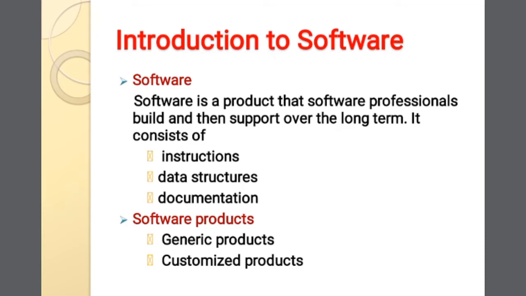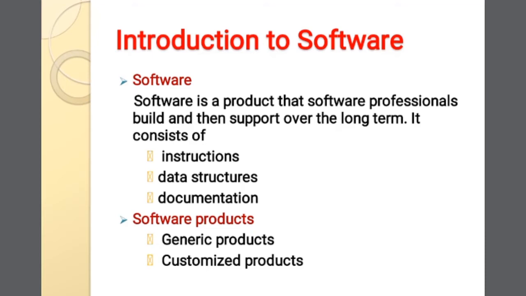Now, what is a software product? There are two types of software products. They are generic products and customized products. Generic products are standalone systems which are sold to any customer who wishes to buy.